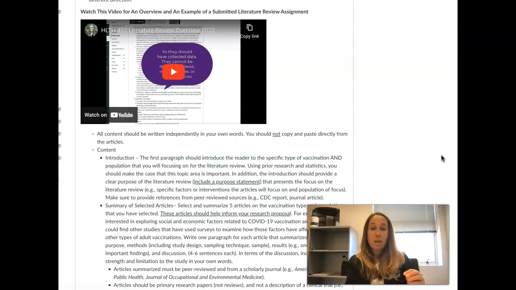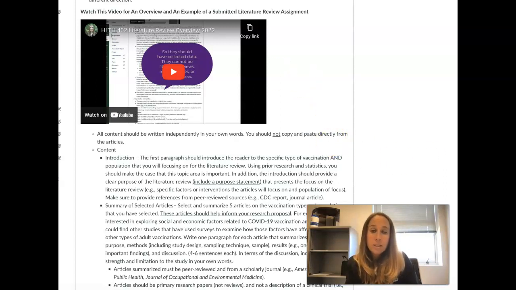So you could say something like, the purpose of this paper is to examine previous articles that look at the relationship between health beliefs and uptake of the flu vaccine in, and then you can say your specific population, but it needs to really clearly state the purpose of this paper is to, right? We learned about how important that was in published articles in Health 318, so you're going to do something very similar in this paper. You'll have that really clear purpose statement.